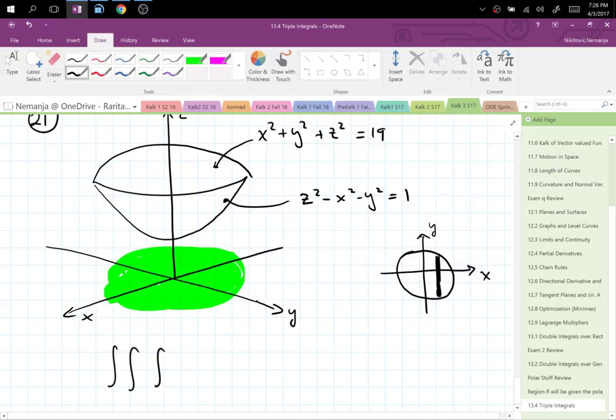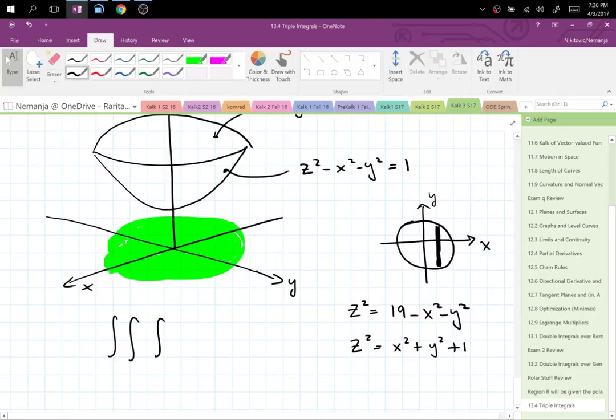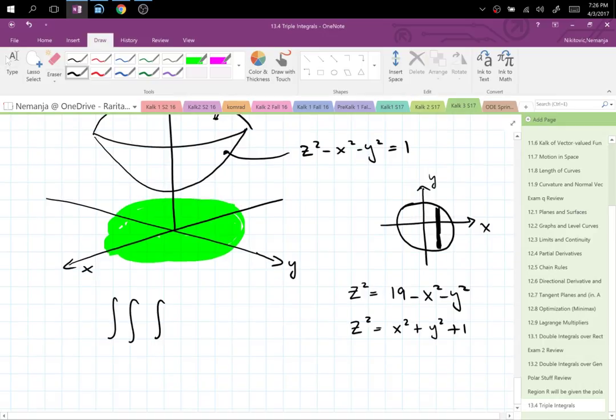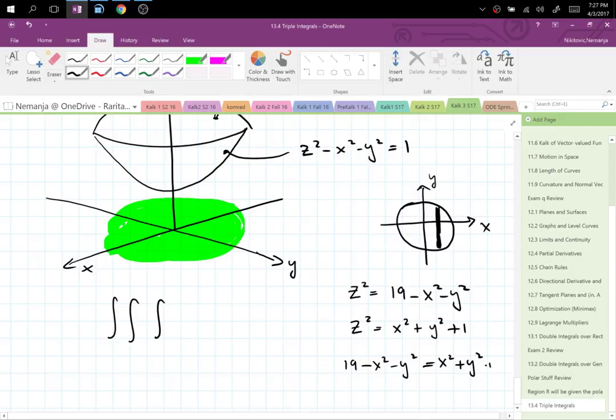You solve the top equation for z squared and you get 19 minus x squared minus y squared. You solve the bottom equation for z squared, which will be x squared plus y squared plus 1. Then you set the equations equal to each other, because z squared is equal to z squared, to obtain 19 minus x squared minus y squared equals x squared plus y squared plus 1.